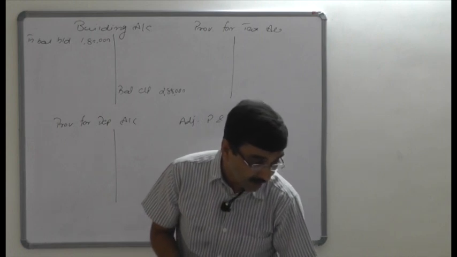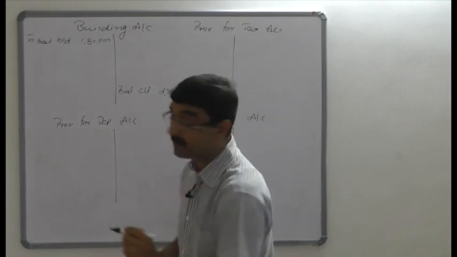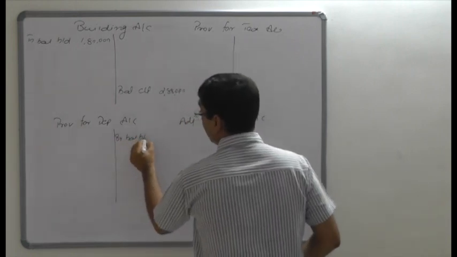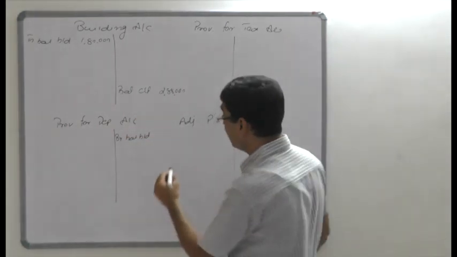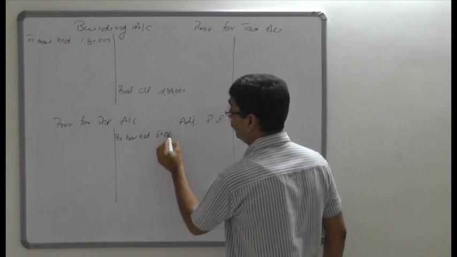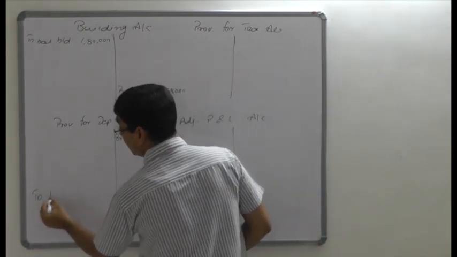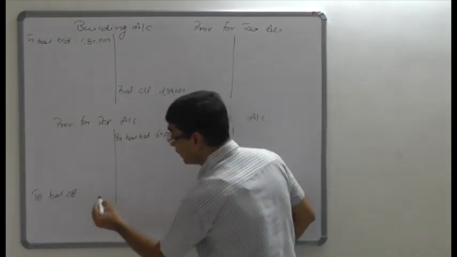Then we have the opening and closing balance of provision for depreciation, that is 60,000 and 66,000. The opening balance is recorded on the credit side, so the credit balance is the opening balance, that is 60,000, and the debit balance is the closing balance, balance carry forward, which is 66,000.